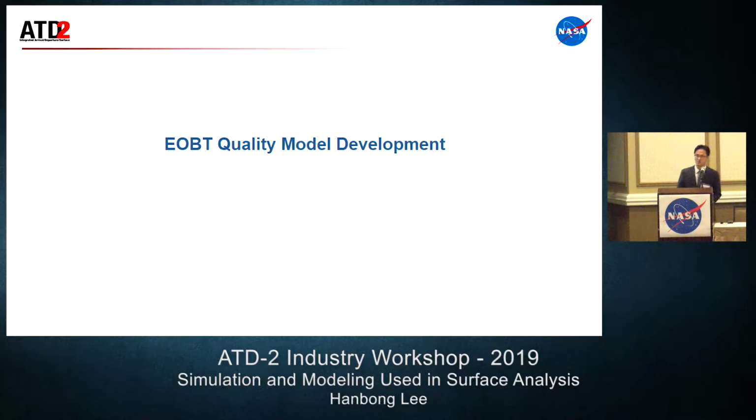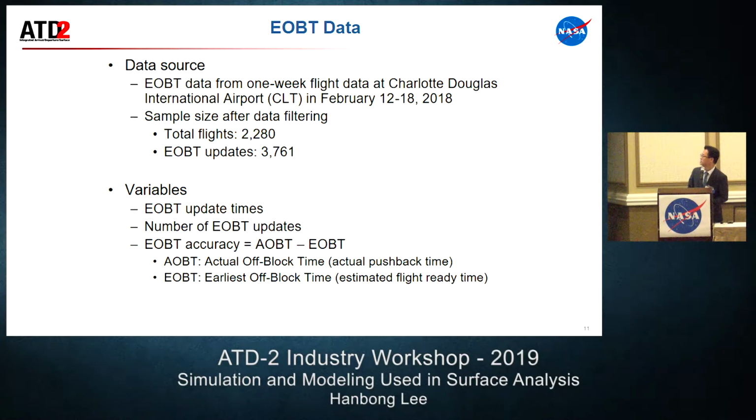So first, I will describe how we developed the EOBT quality model. As the data source, we used one week of flight data at the Charlotte International Airport in February 2018. After the data filtering, we got around 2,300 flights, and the EOBT updates are around 3,800 in this sample.